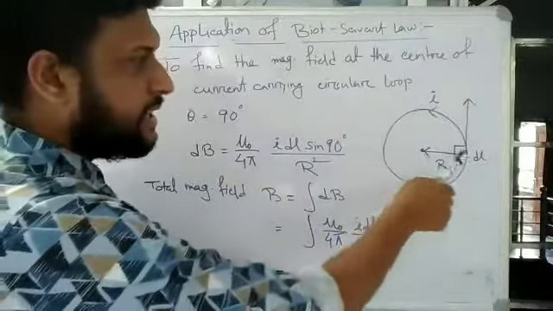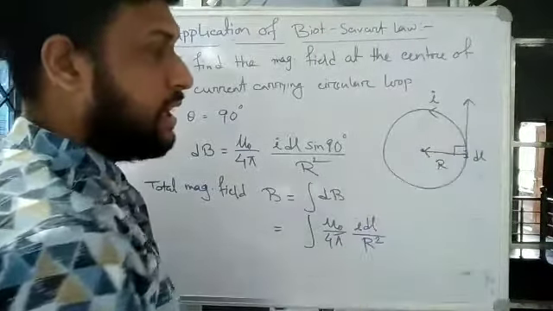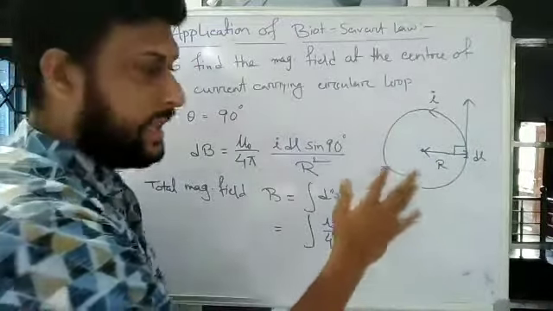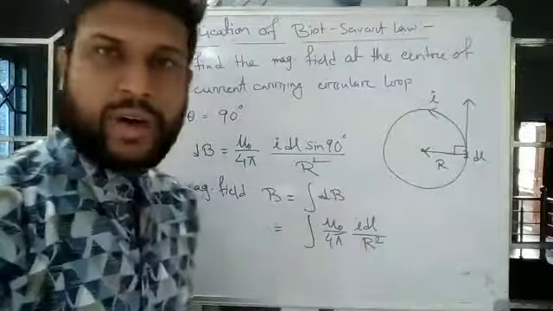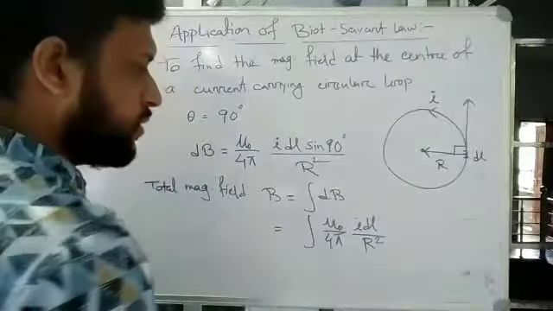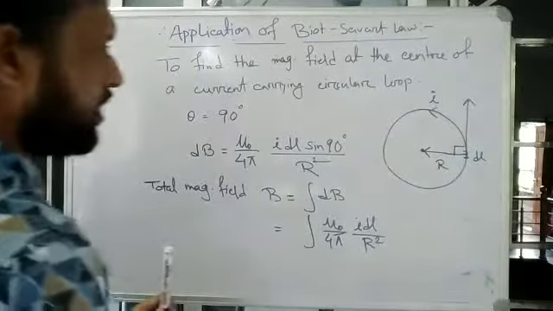If you take the dl anywhere else, you will also find the distance as r, so it is also a constant. So you can take everything out of the integration. Let me write it over here.